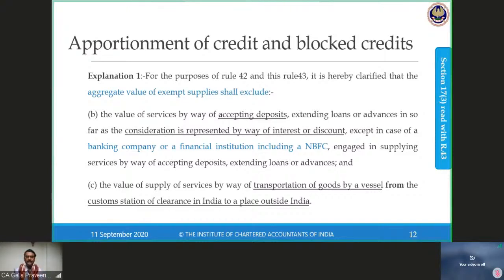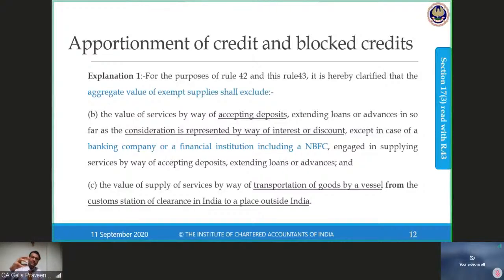The value of supply of services, transportation from the customs station of clearance in India to a place outside India. So if I recover, say, 50,000 as freight charges from my customer, I'll say from the factory till the doorstep of your customer, I get into the contract. I'll break that 50,000. From the factory till the customs station, 10,000 is the freight charges. Any service rendered within India on Indian soil is taxable. I charge GST on 10,000.